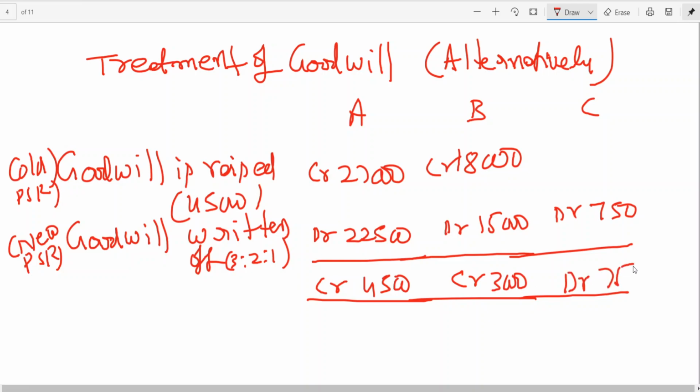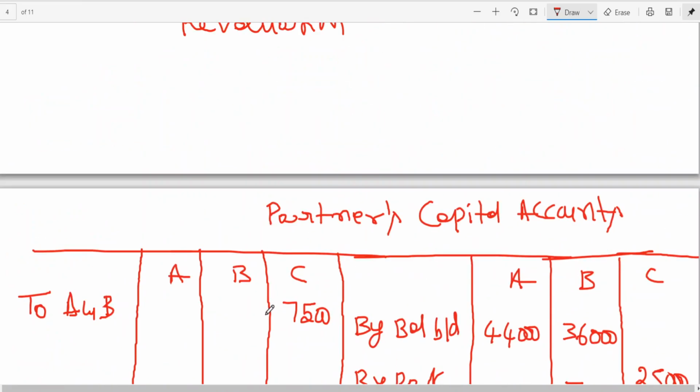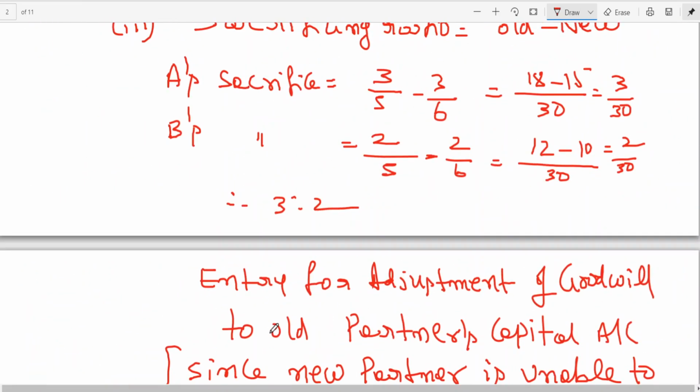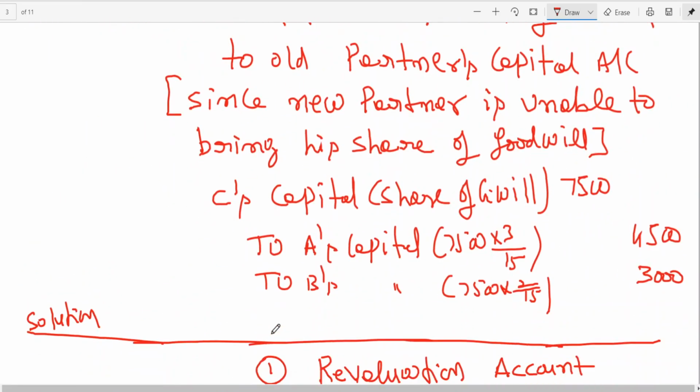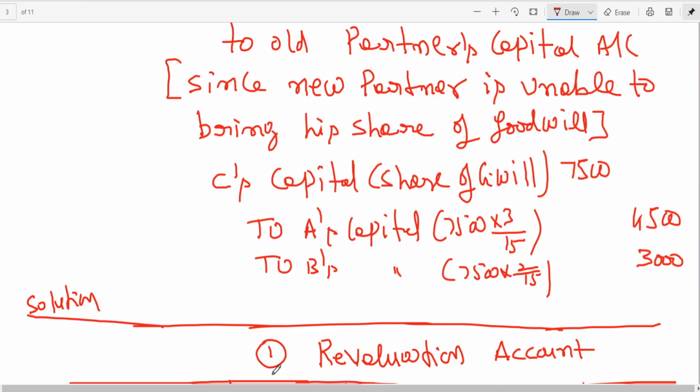Debit is showing 7,500. So old minus new is the sacrificing ratio. You can see this is what we got: C's capital account debited to A and B. This is what we have learned here: C's capital to A's capital and B's capital. Am I right? So we have done it the other way.